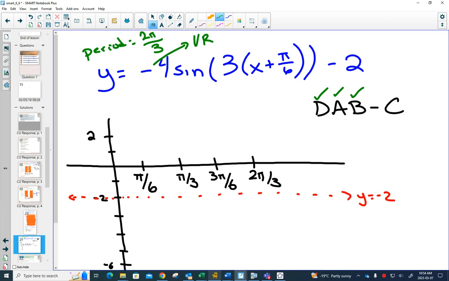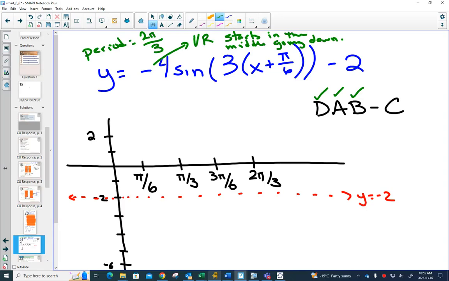A vertical reflection will tell us that it starts in the middle going down. If you had a vertical reflection for a cos graph, it normally starts at a maximum, but a negative cos graph would have that vertical reflection and start at a minimum.